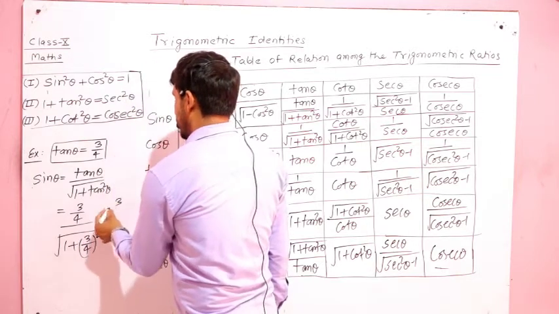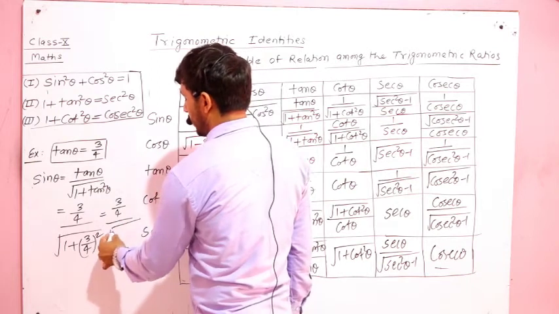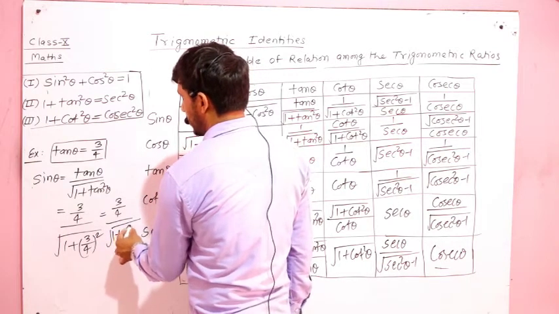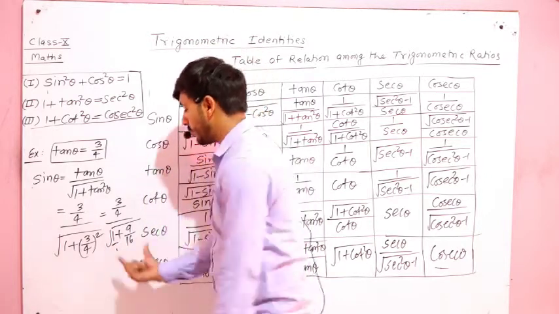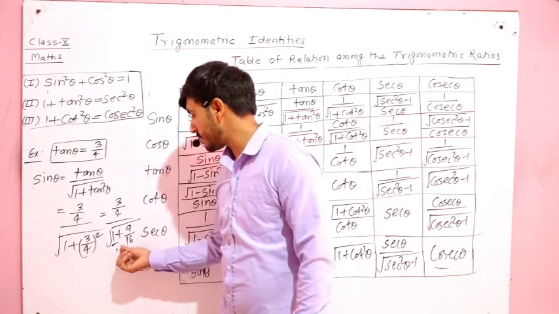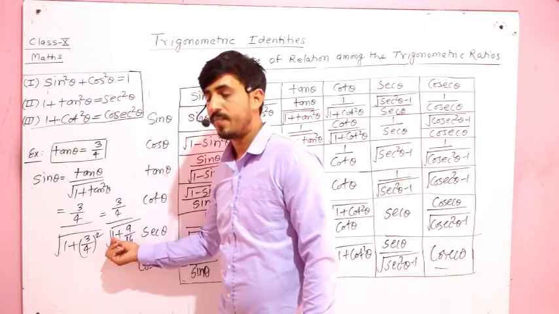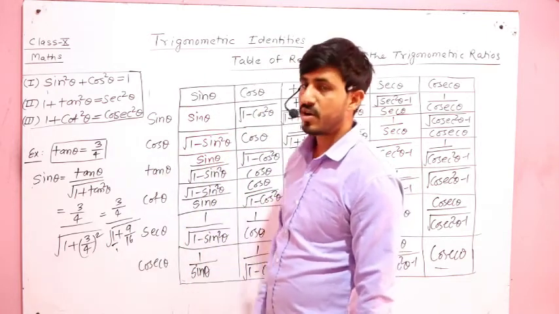Again in the next part, 3 by 4 divided by root of 1 plus the square of 3, that is 9, over the square of 4, that is 16. And we have to take the LCM of this part, and the LCM is 16, and 16 is multiplied to 1, that is 16. 16 plus 9, that is 25. And what is the under root of 25?